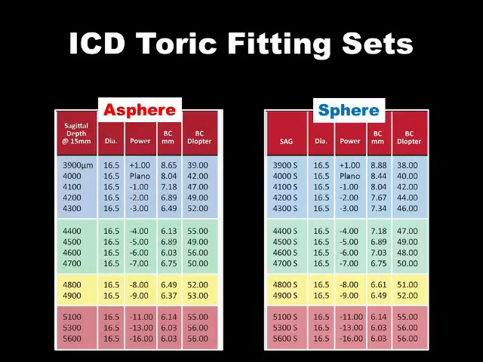So for instance, if you have the ICD sphere, if you put on a 4500 sphere and it's tilting back and forth, it needs a toric, then you know I'm just going to put on the 4500 toric and it will fit similarly in depth. It should be the right apical clearance if the symmetrical lens had the right apical clearance.